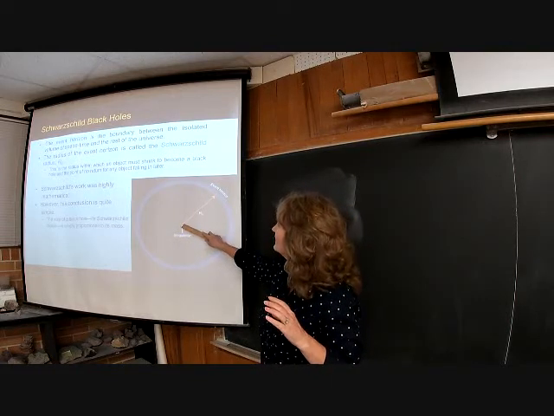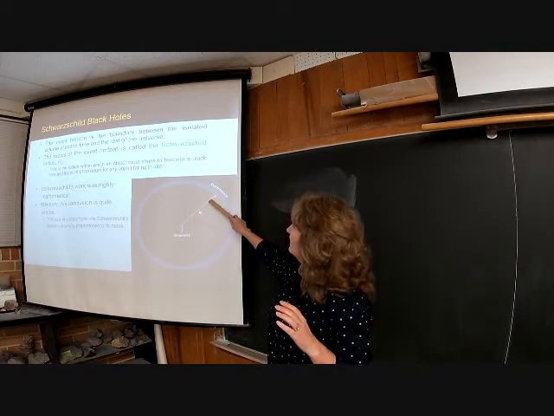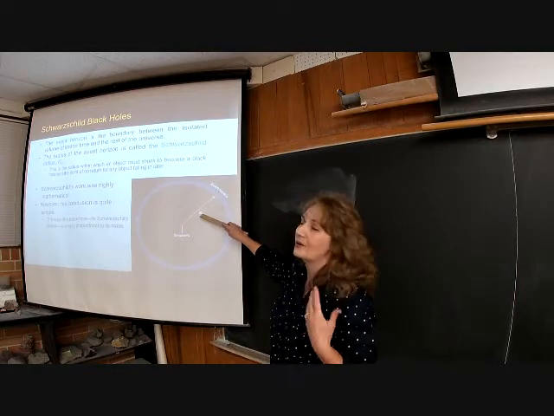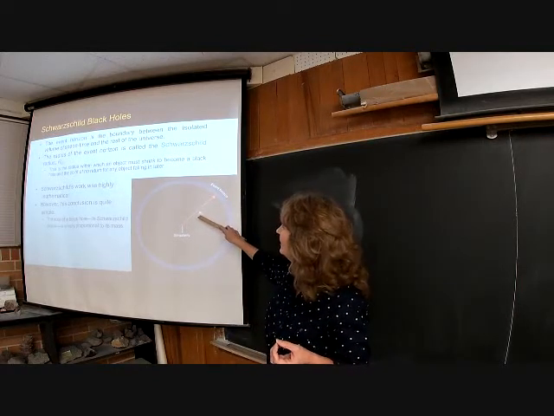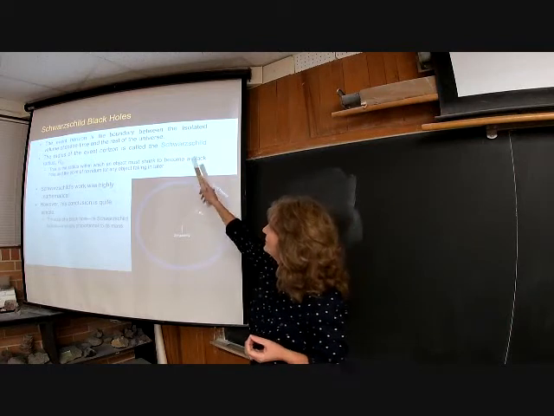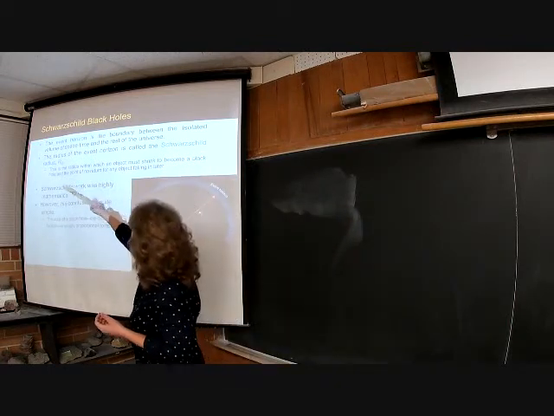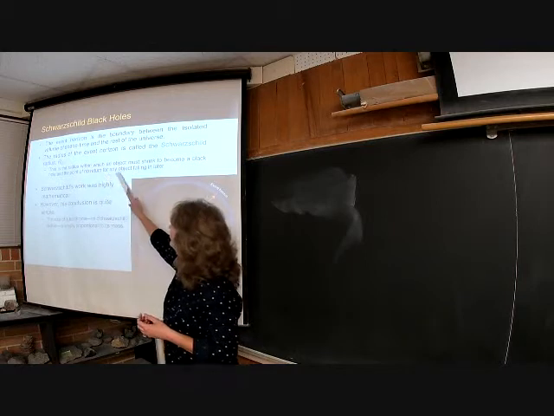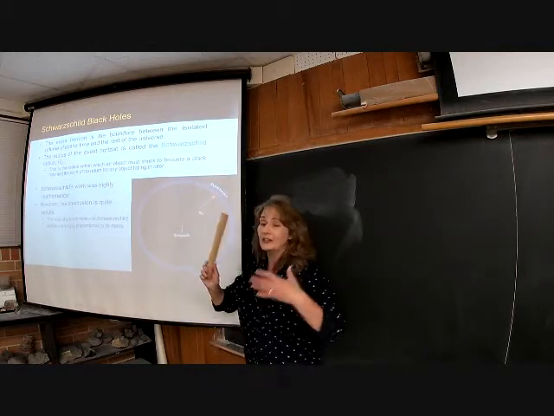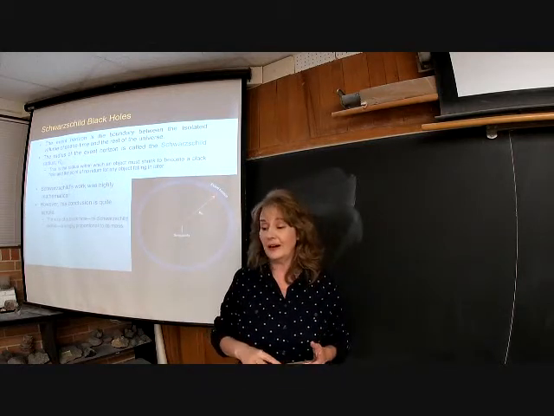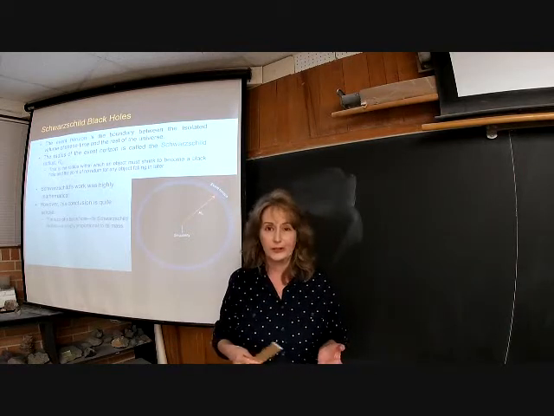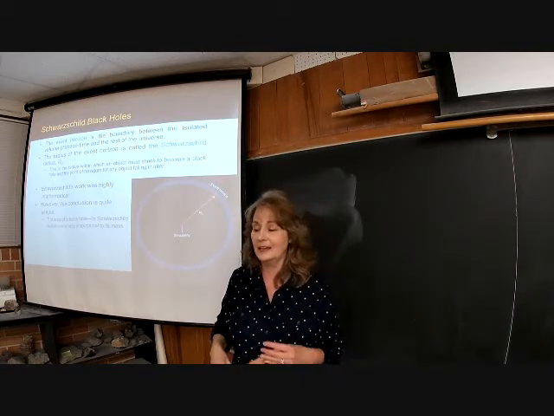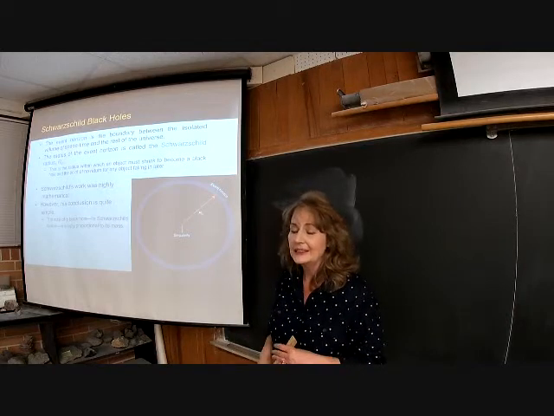But right here, the radius of the event horizon is known as the Schwarzschild radius. So R subscript S, Schwarzschild radius. This is the radius within which an object must shrink to become a black hole, and the point of no return for any object that might be falling in later.